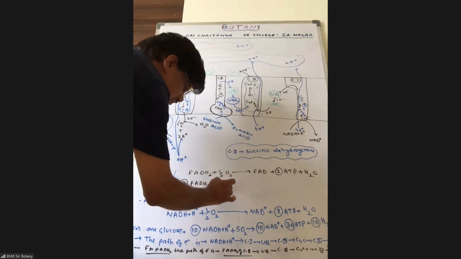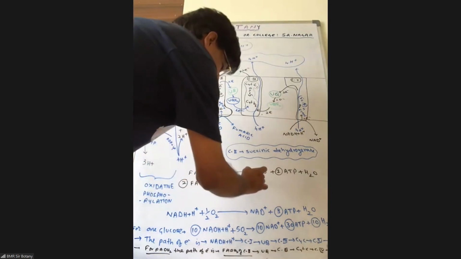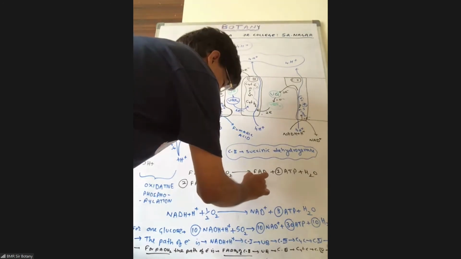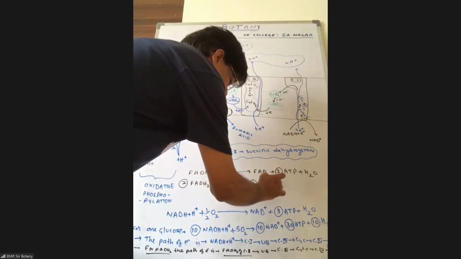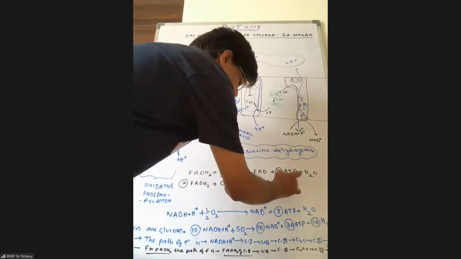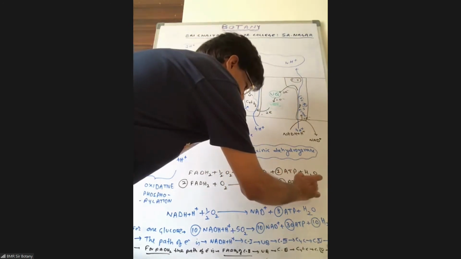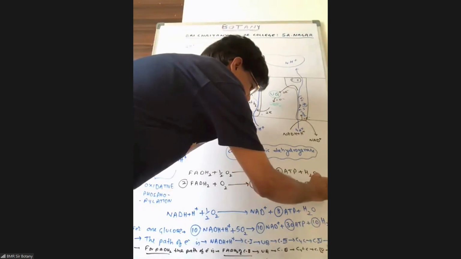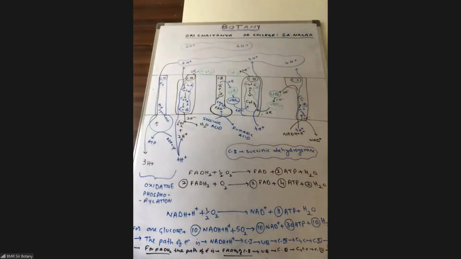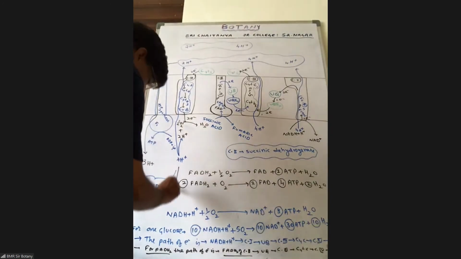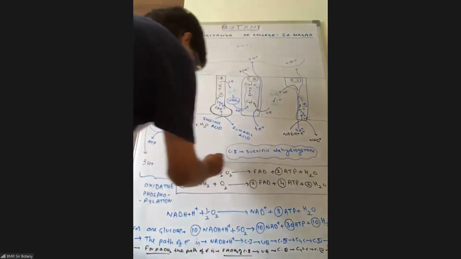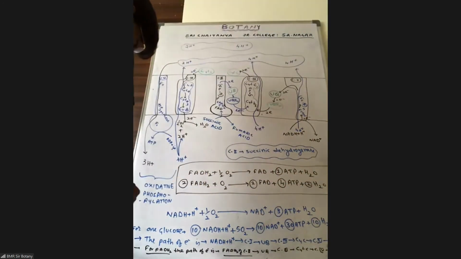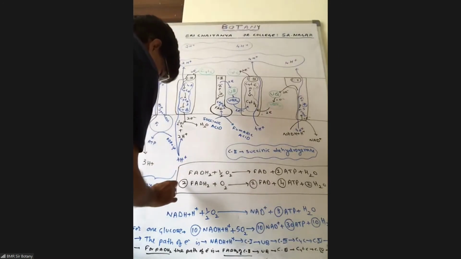So how much oxygen do you need to supply? 1 molecule, becoming 2 FAD. Then how many ATPs does it come to? 4. How much water does it come to? Got it? So this is one thing related to FADH2 substrate, for 1 glucose.